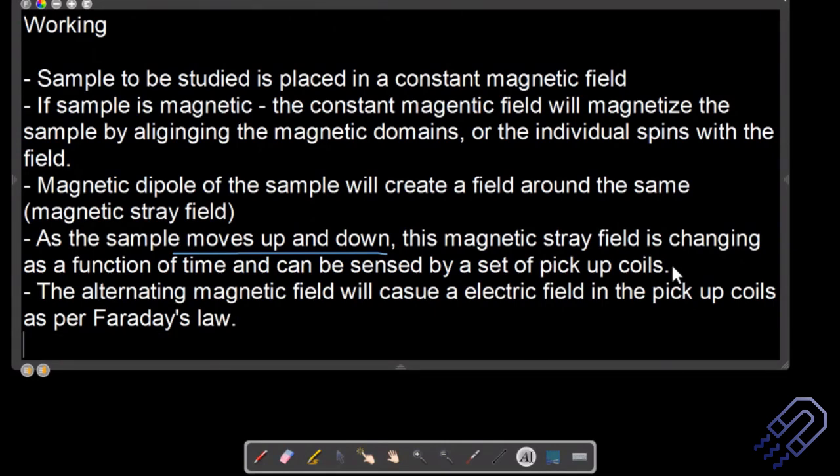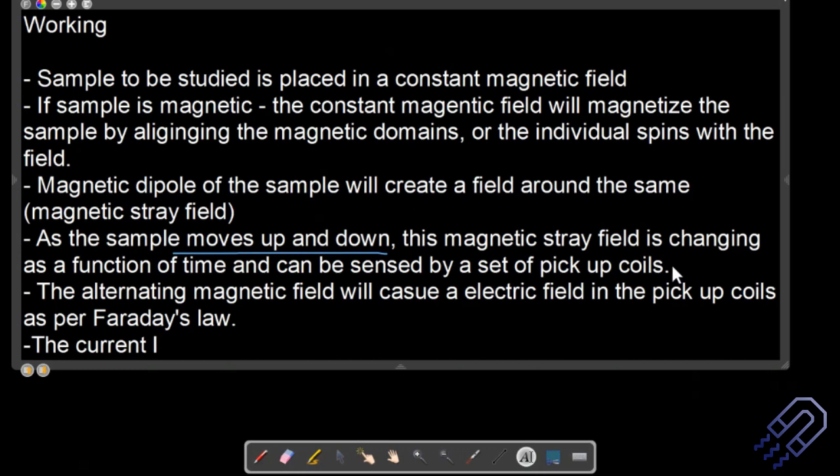So please understand why vibration is important. Vibration will change the magnetic field continuously with time, as a result of which you are going to get the EMF. Else you are not going to get any kind of EMF. And that's why it's vibrating. So if I ask you an objective question on why this is vibrating, you have to answer it this way because that's per Faraday's law.